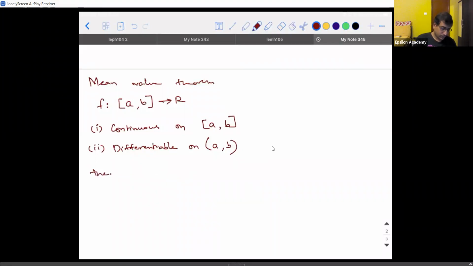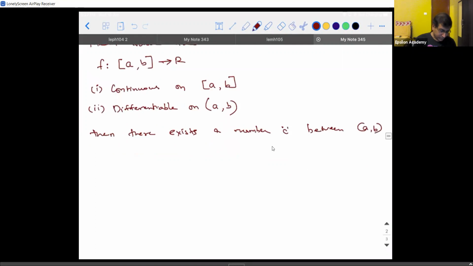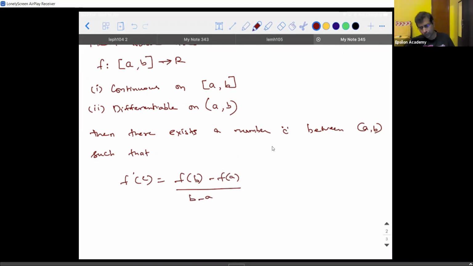Then there exists a number c in the open interval a to b such that f dash of c is equal to f of b minus f of a divided by b minus a. It's not a very big thing. Before you write, I'll explain it. Not a very big logic, a simple thing.